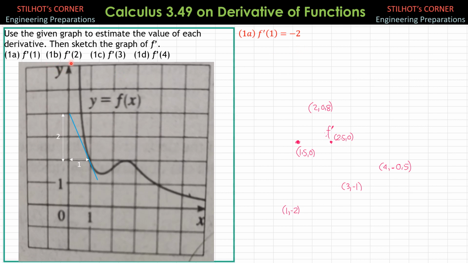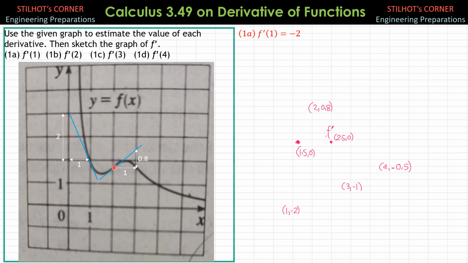At point 2, x is 2, so we draw tangent line at this point. So this is about half, and another, although it's about 0.4 only, but let's just make it half also. So this is 1 unit, and that's 0.8 in my estimate.